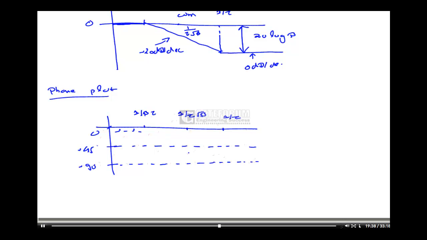We have some maximum value somewhere here. In lead the maximum value is always greater than 45 degree. In lag it is always less than minus 45 degree. That will be more negative. Phi m is the maximum phase. Okay. So these are the important things about the lag compensator.